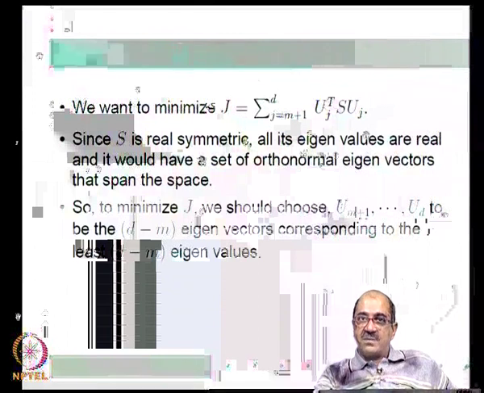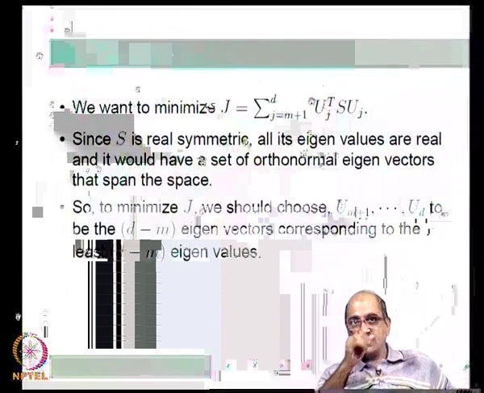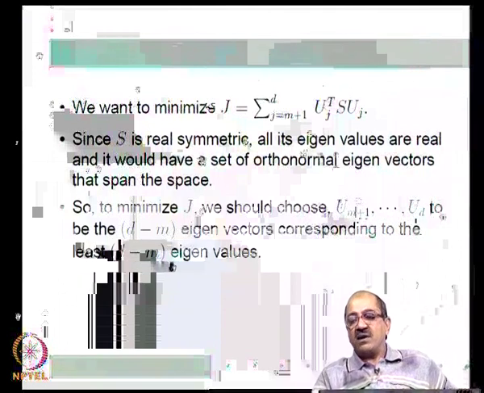So, that tells me that the best I can do is this: I want to minimize the sum over j from m plus 1 to d, that means I have to pick U_{m+1}, U_{m+2}, up to U_d, and each one of them has to be a distinct eigenvector of S, and whichever eigenvector I pick, that term in this sum turns into the corresponding eigenvalue. So, U_{m+1} up to U_d should be the d minus m eigenvectors corresponding to the least d minus m eigenvalues.